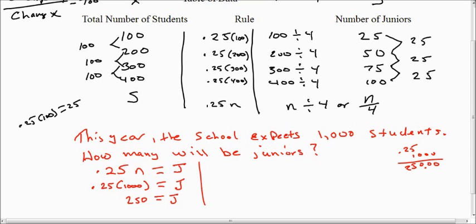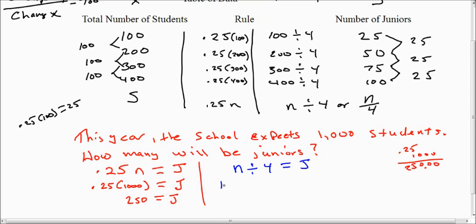Let's take a look at that second one, because we put two rules in there, which we know mean the same thing. Now all I have to do is use this rule, which is n divided by 4 equals the amount of juniors.